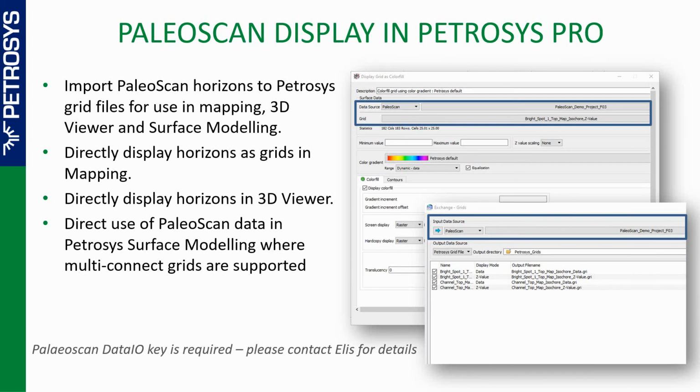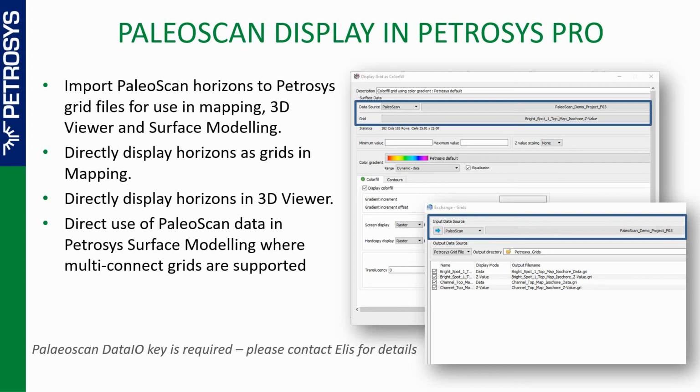So the first key connector that we have added to our release is the connector to Eliis Paleoscan. So now we're able to import Paleoscan horizons to Petrosys grid files. We can also directly display Paleoscan horizons as grids in Petrosys mapping.